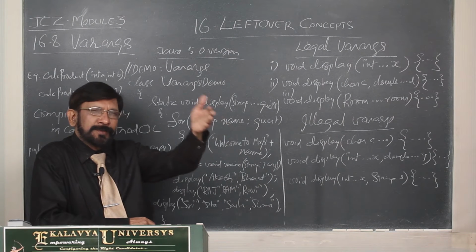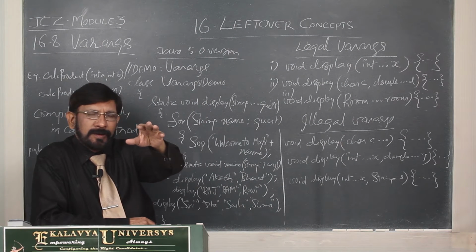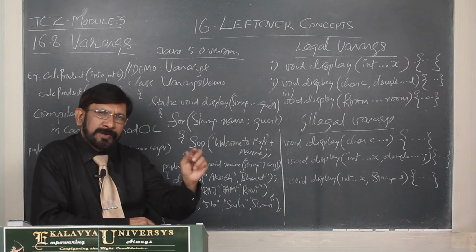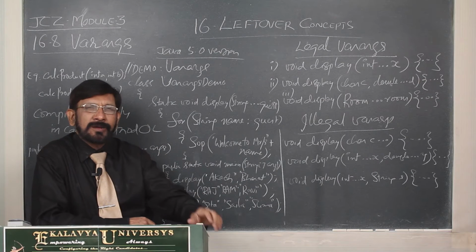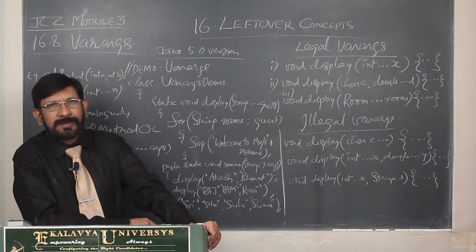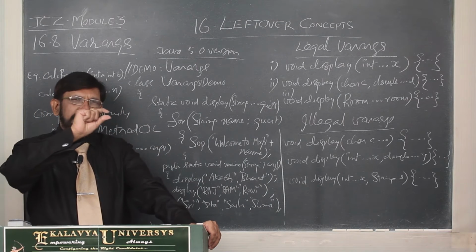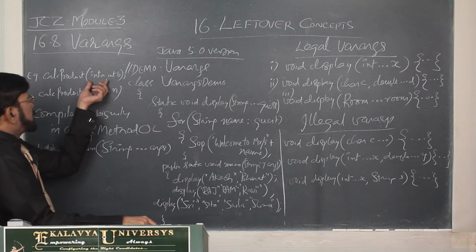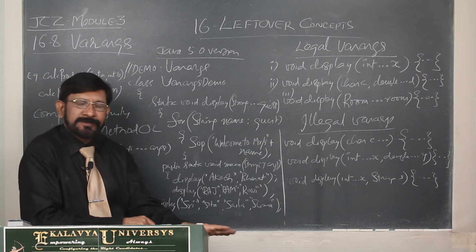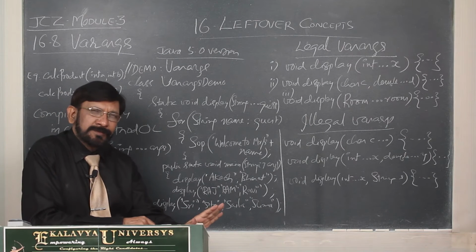Arguments are passed from a method call. Whatever you pass through a method call, those are called arguments. And in the function definition or method definition header, you write like this, and these are called parameters or formal arguments.